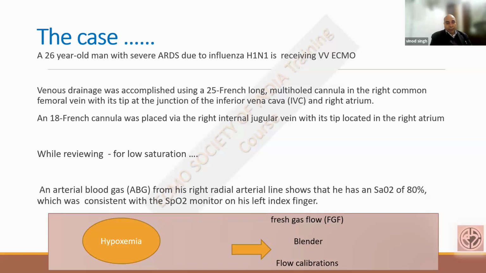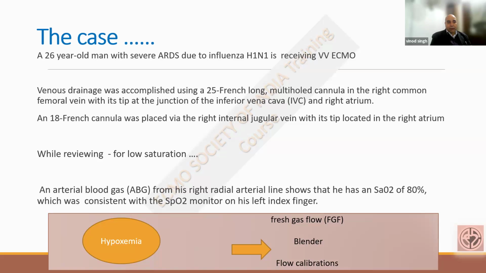Now I'll start with a case to make it easy to understand. A 26-year-old man with severe ARDS due to influenza H1N1 receiving VV ECMO. Venous drainage was done using a 25 French long multi-hole cannula in the right common femoral vein, with the tip at the junction of the inferior vena cava and the right atrium.